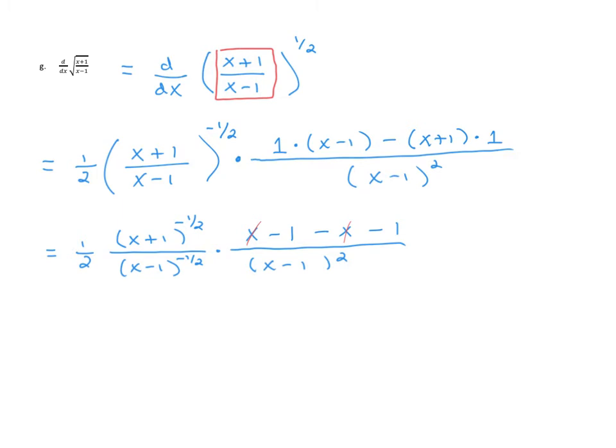So let's see. I guess what I'll do is I'm going to put this in the denominator and this in the numerator and make both of the exponents positive. I'll combine those two numbers. Let's see what we get. We have 1/2, okay, we get x minus 1 to the positive 1/2 and x plus 1 to the positive 1/2.